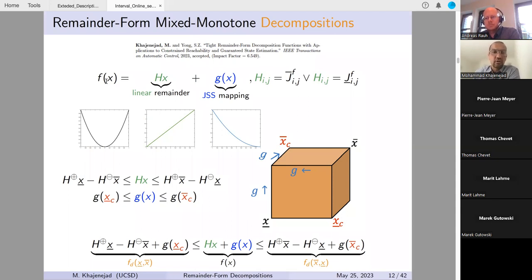Then all you need to do is find a higher dimensional H based on higher dimensional Jacobians of your function. Now you take Jacobians with respect to both state and parameter, right? And then do whatever I showed here, but with new H's and new G's and new Jacobians and new derivatives, right? That's another way of doing it.